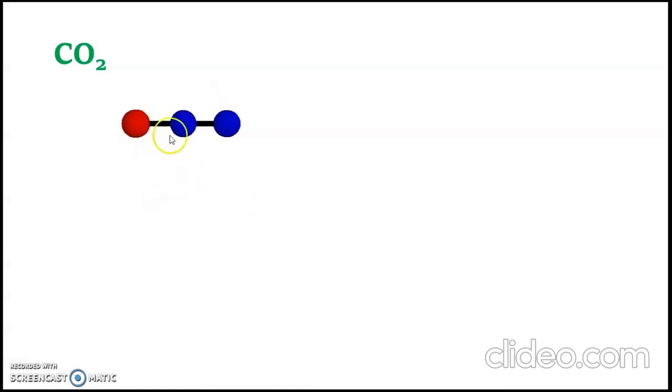Both the CO vibrations are in phase, and as they are in phase, there is no dipole moment change, that is, the dipole moment remains 0 during symmetric stretching vibration. So it will not be IR active and will not appear in the IR spectra.